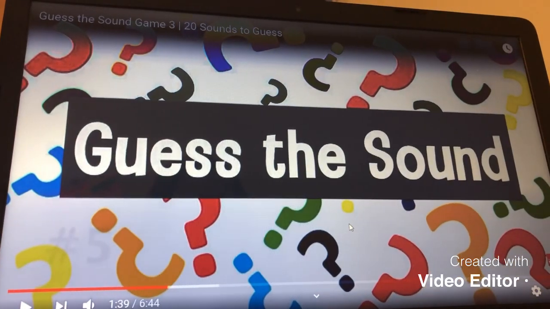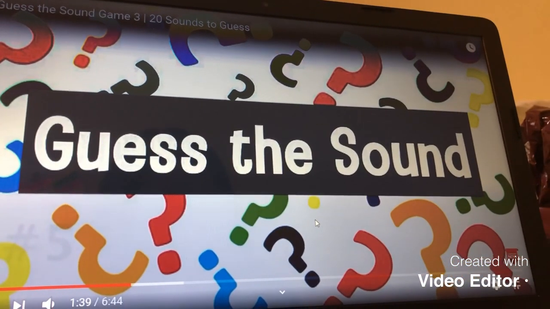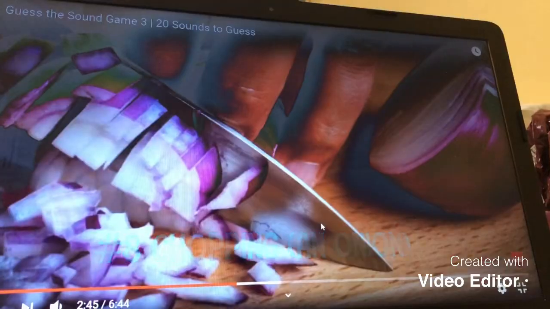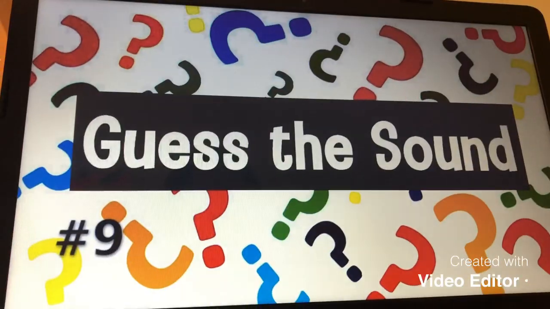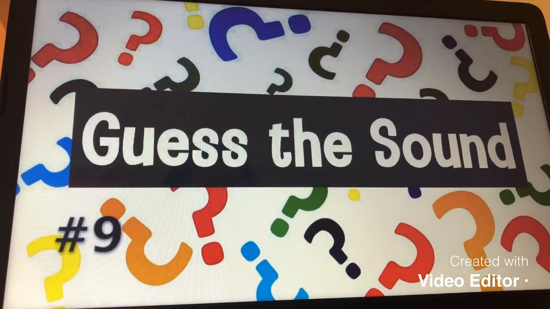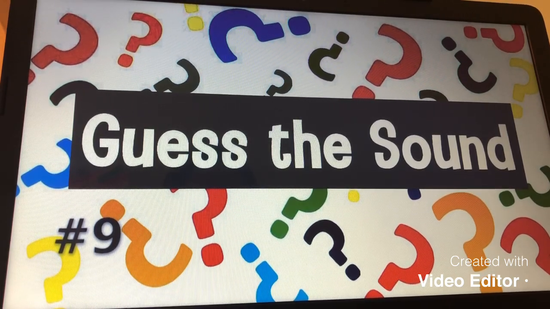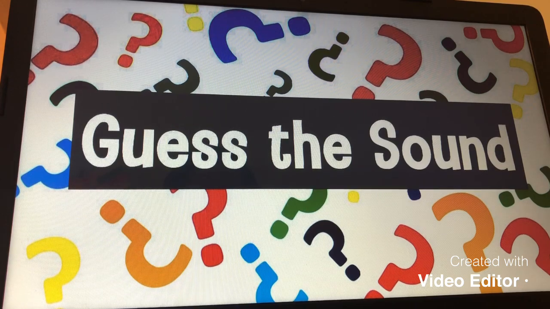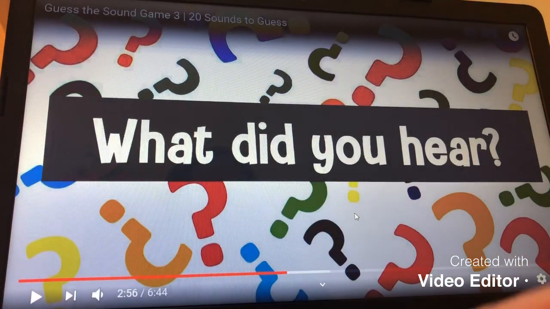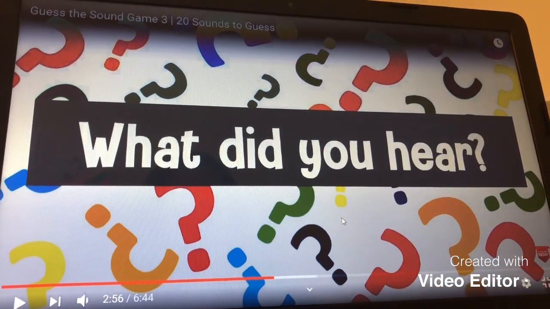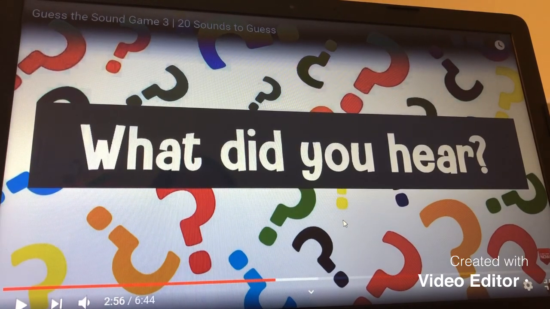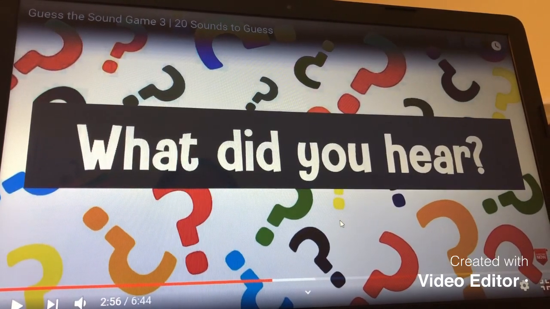What is it? A hint, Six Flags. Let's go with the next one. What do you hear right there? Very good. You have to put your answers in your notebook, all right?